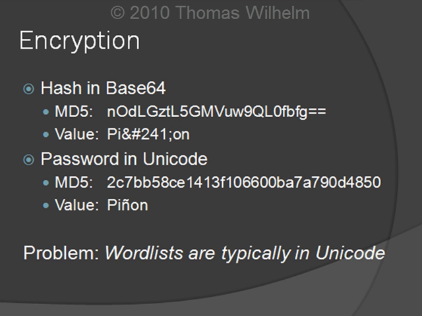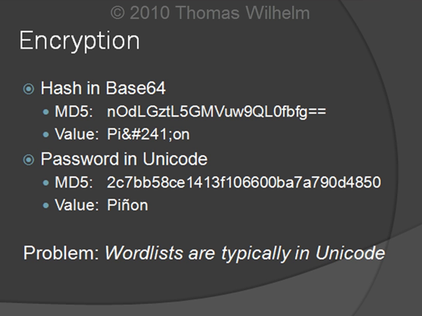The resulting MD5 can be seen above under base64, and you'll notice that there's a couple equal signs. That's actually to fill out the rest of the MD5 hash. Those are actually fillers. A lot of people will focus on that, and I'll tell you why you shouldn't necessarily here in a second. The password in Unicode using this piñon produced a different value.